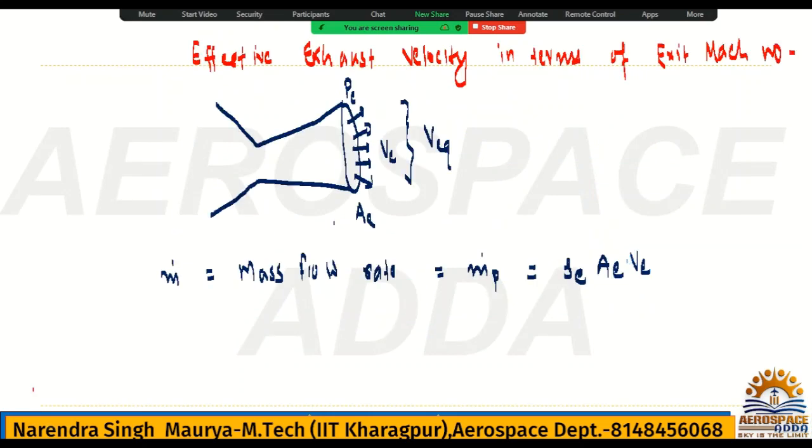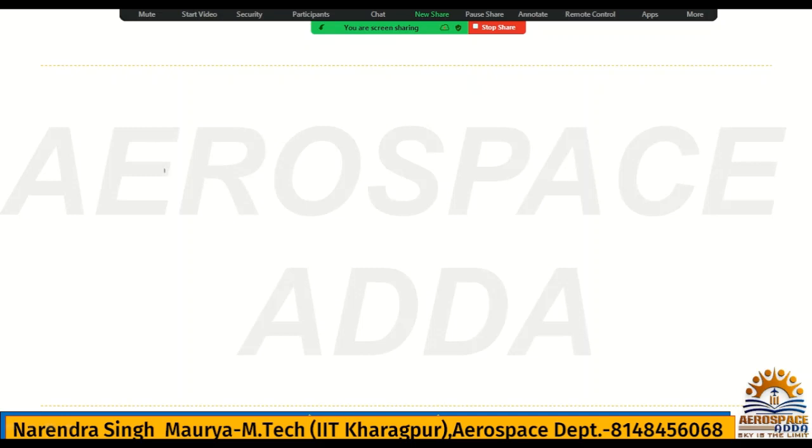Effective exhaust velocity, which is nothing but VE plus (PE minus PA) into AE divided by m dot P. Now instead of m dot P, we can write that value.